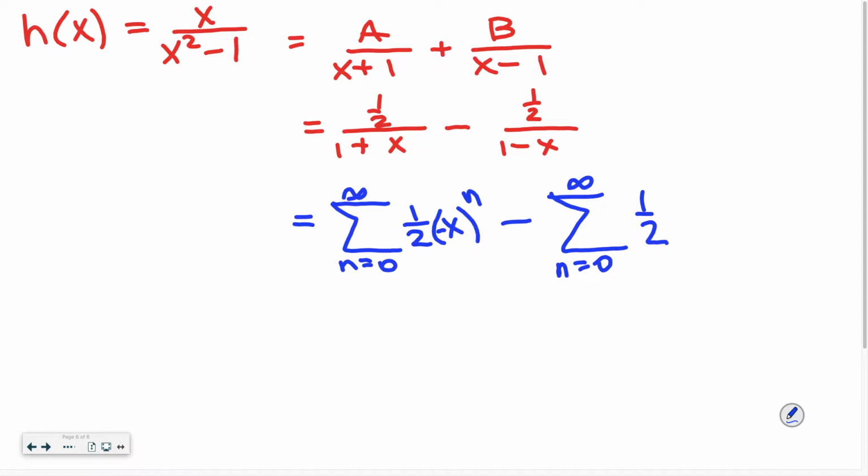That's why I put it in. Oh yeah, I see it now. Sorry. And this needs to be 1 minus r. So this is 1 minus a negative x. So that's why I identified r to be negative x here.